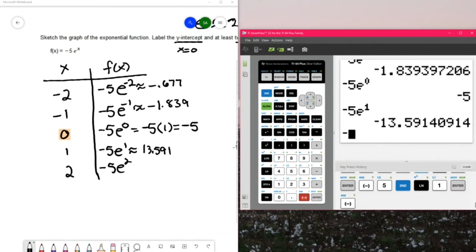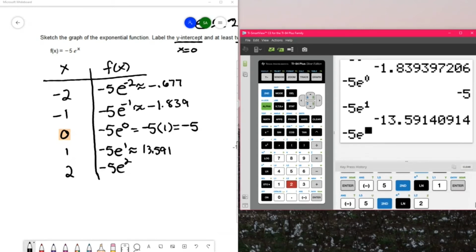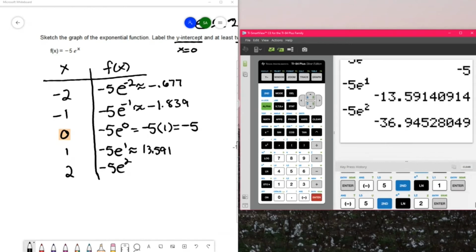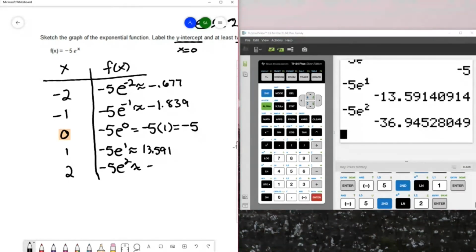We have -5 e squared, which is approximately -36.945. So now we have the approximate values of our y.